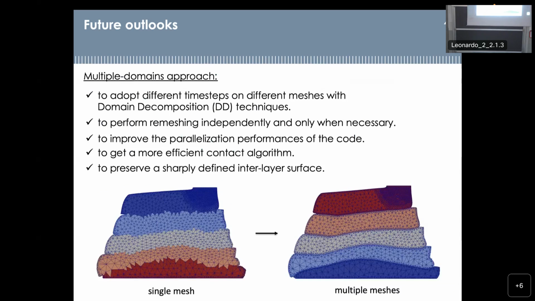In this way, first of all, we can perform remeshing only on some regions, not on the entire mesh. Then we are going to increase the computational power because this could allow us to parallelize the code more. Also, the meshing portion could be parallelized.